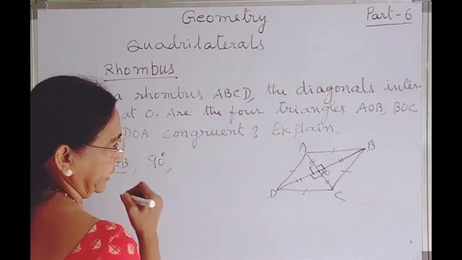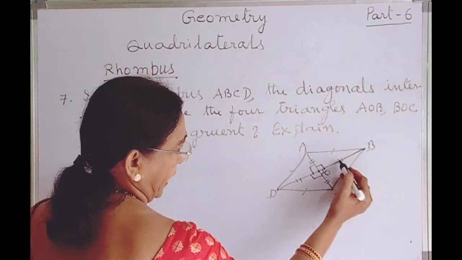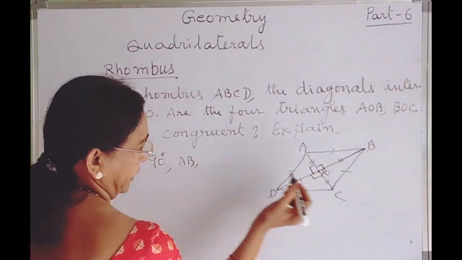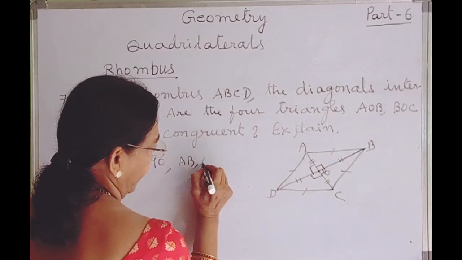One angle is 90 degrees and the other two sides are the side AB and half of the diagonal, OB.